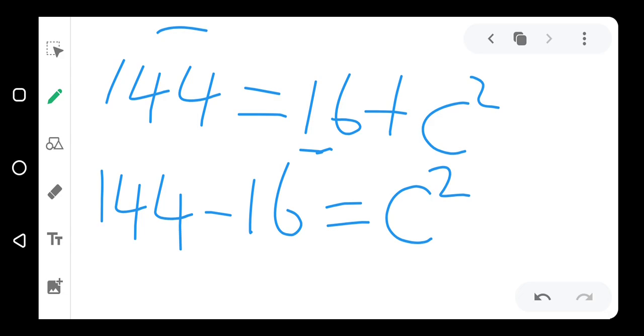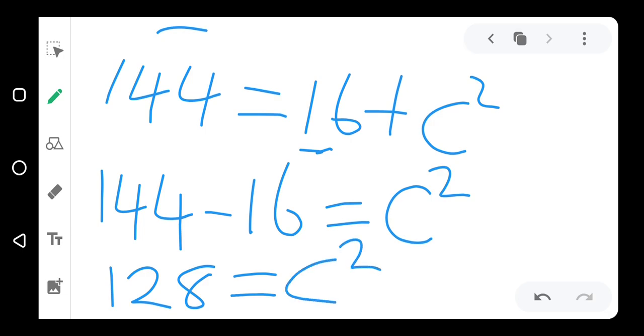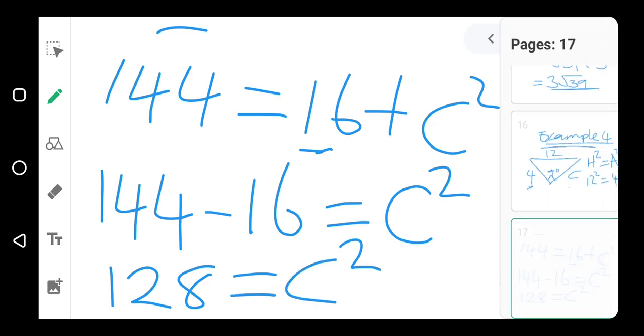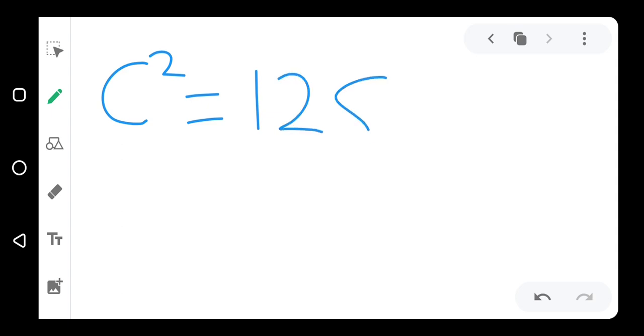Now we have this 144 minus 16 is equal to 128. 128 is equal to c squared. That is the same thing as saying that c squared is equal to 128. So no matter the side that you put the c squared, it is still the same.